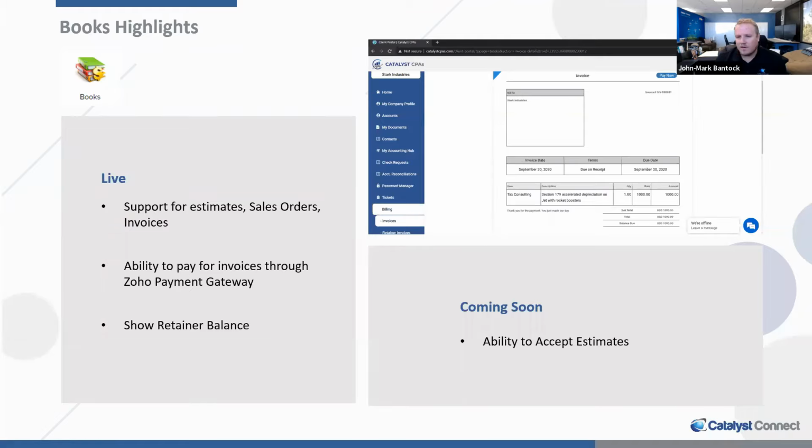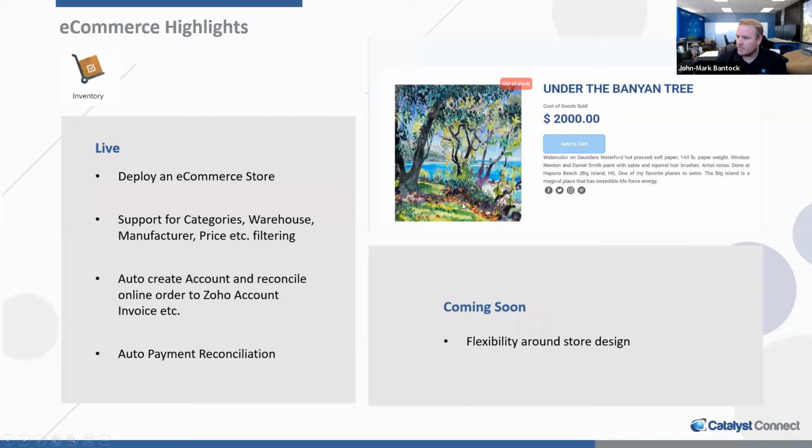Upcoming functionality will likely be the ability to send an estimate to a client and then have them accept that invoice through the portal, much like you would through the standard Zoho Books portal. Today, we reflect the invoice over here in the portal, and then the user can click the pay button to go through to Zoho's hosted payment page.